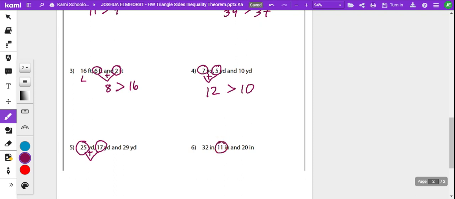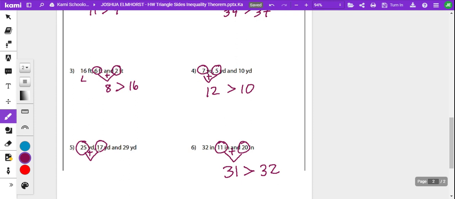And we have 11 and 20 are the two shorter sides over here. So you're going to add them up. So 20 plus 11 is 31. And we're going to compare that to 32 for the long side.